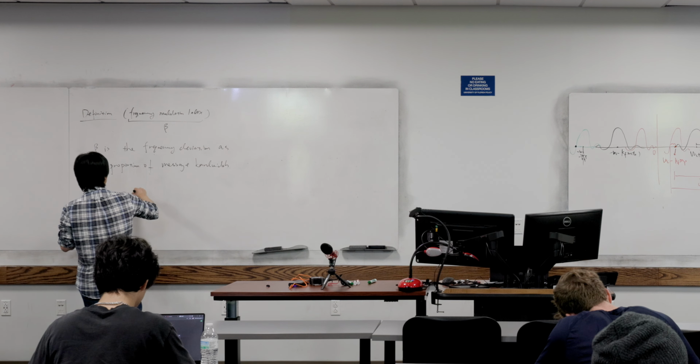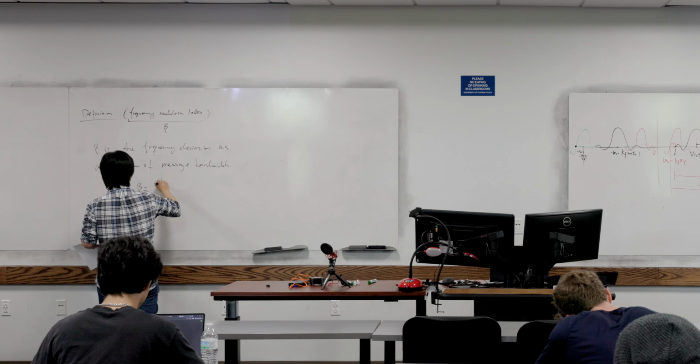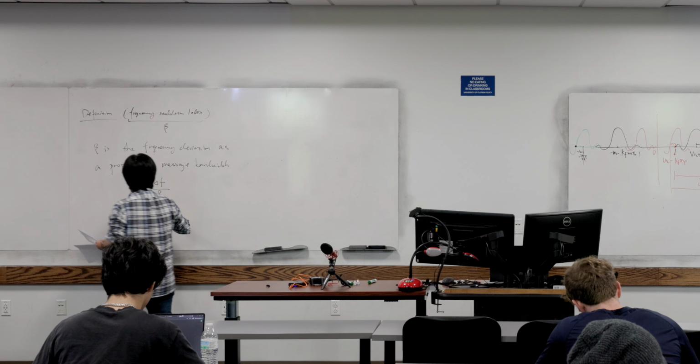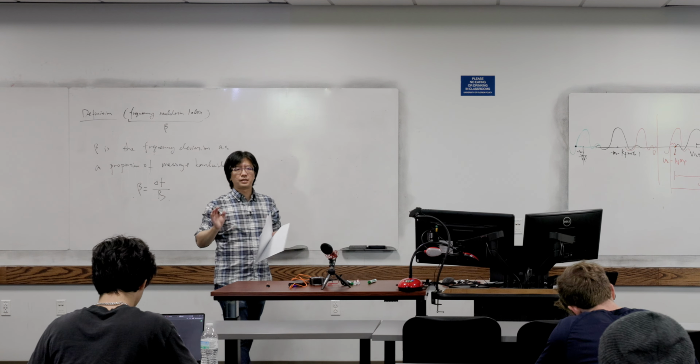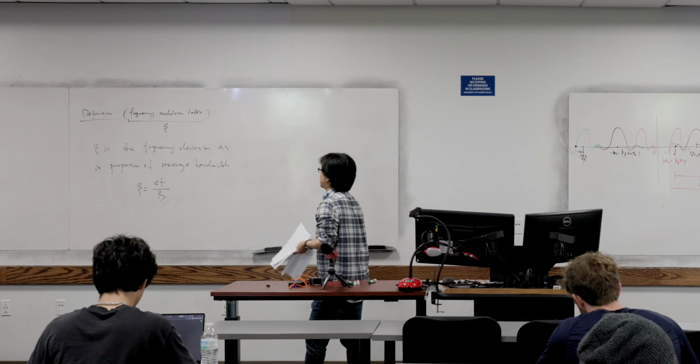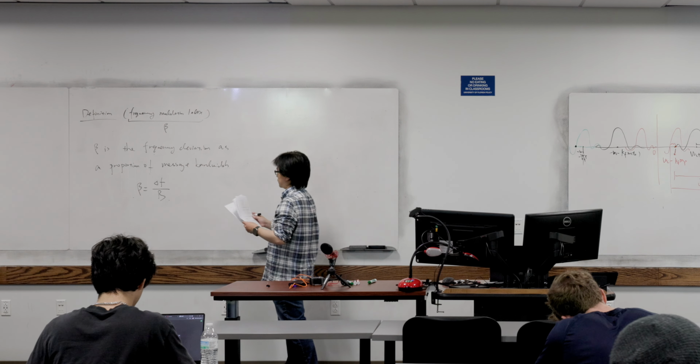In other words, beta equals delta F divided by capital B, right? So it has the same essence as the modulation index for the amplitude modulation.